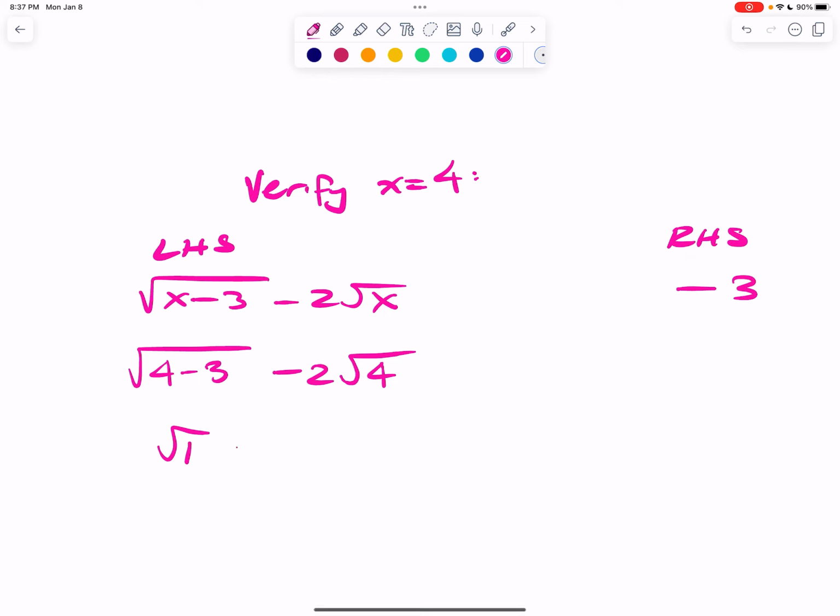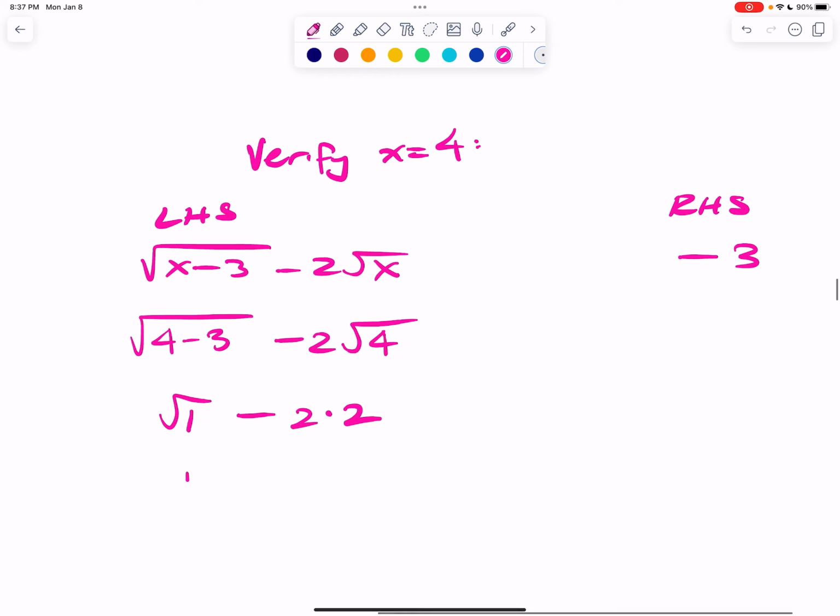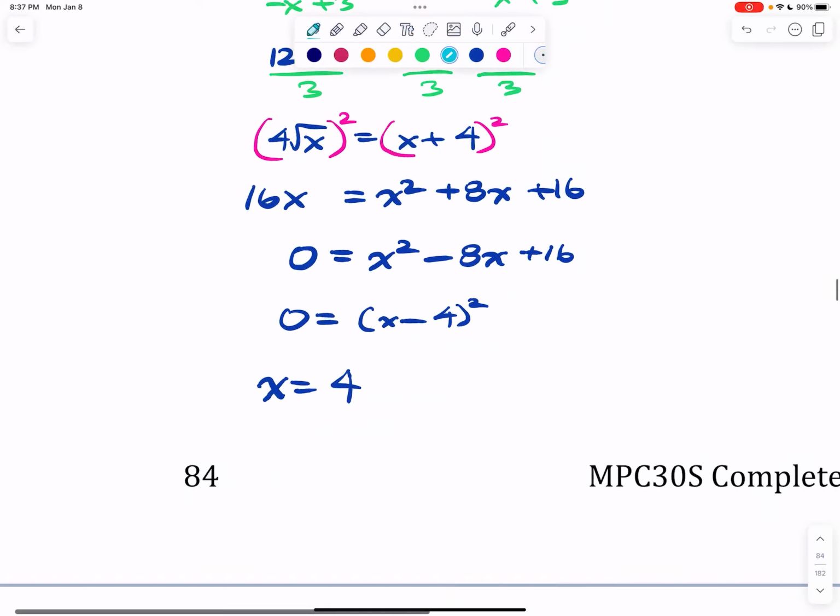And that's root 1 minus 2 root, 2 times 2. And we've got 1 minus 4. We've got negative 3. This works out. The left side is equal to the right side. If you want, you can put a nice little box around the answer to say, yep, that's super legit. And that is D-U-N, done.